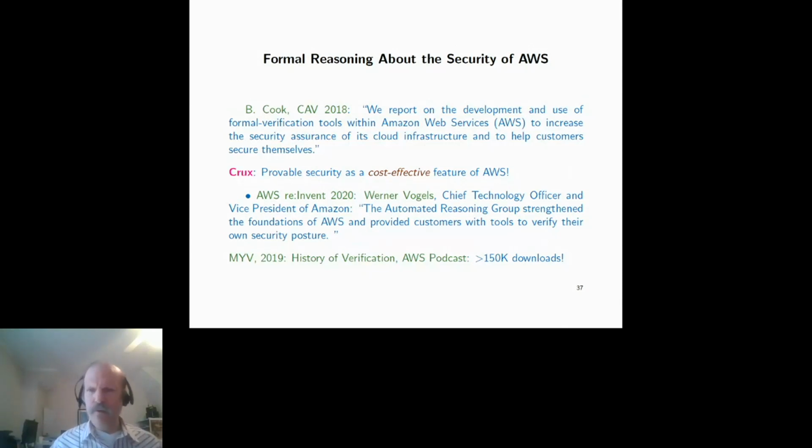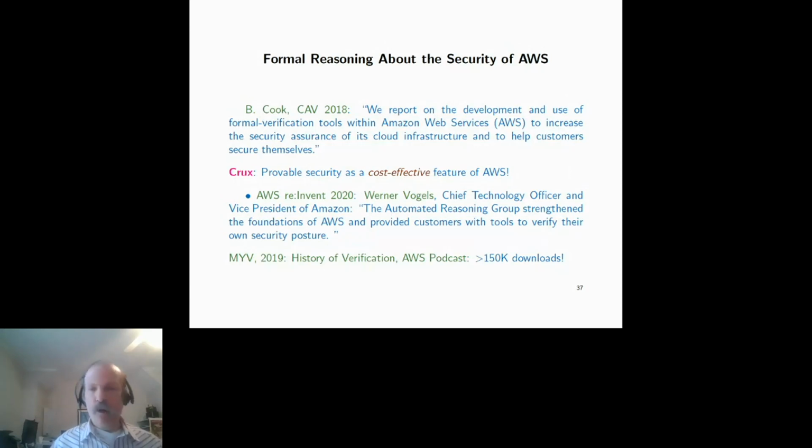AWS is huge. I think I recently saw that AWS is going to become bigger than IBM. Just AWS, not Amazon, is either already or soon going to be bigger than IBM. So now the business case is changing because of the scale.